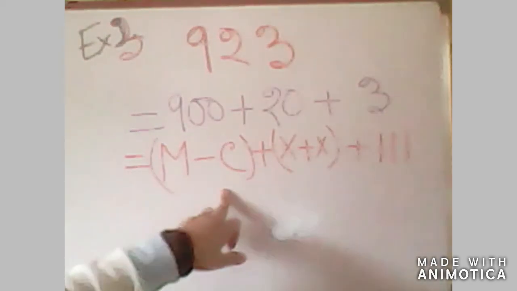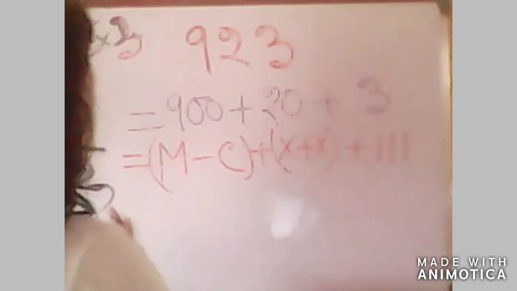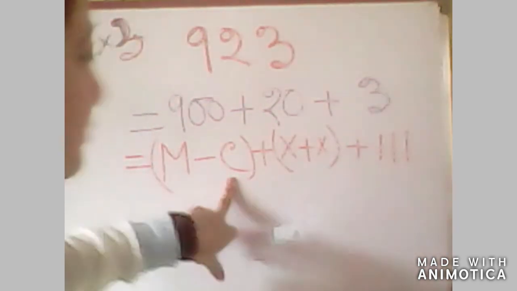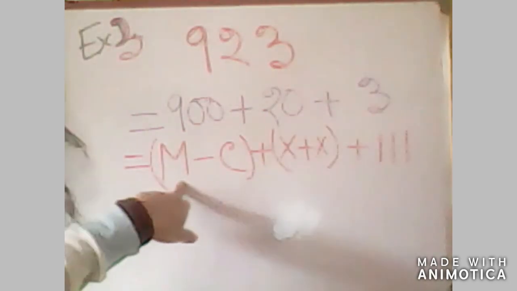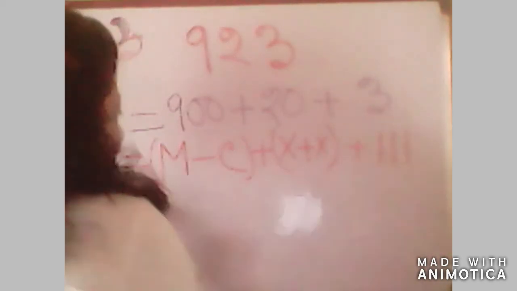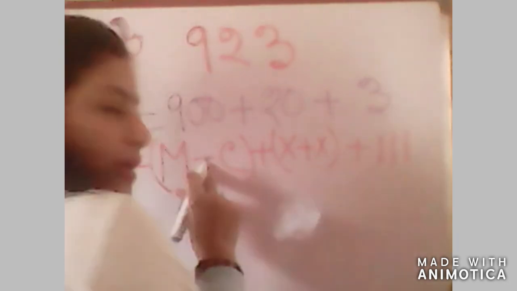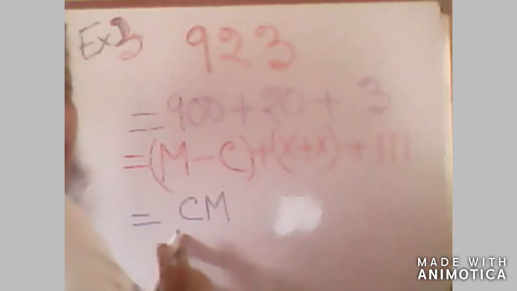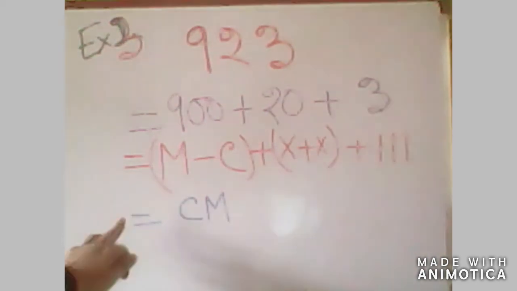Now M minus C, it is minus. Minus means you will have to write this numeral on the left side of the bigger numeral. Here the bigger numeral is M, so we are writing this C on the left side of M, that is CM. We are not writing the minus sign.